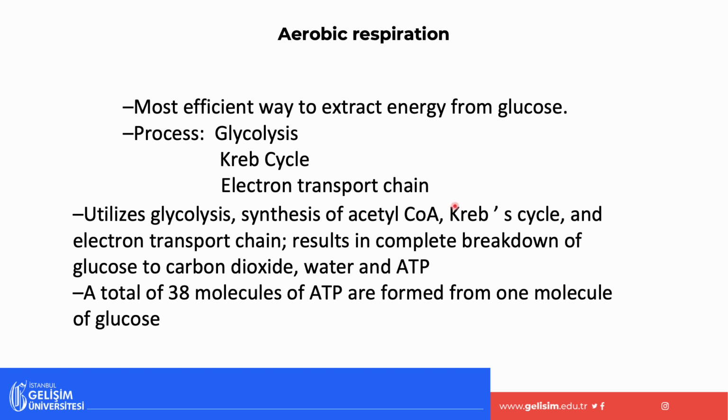So both NADH and FADH2 end up being produced in the Krebs cycle. The electron transport chain involves the transfer of electrons from both NADH and FADH2 to a series of protein complexes, ultimately leading to the production of a large amount of ATP. So overall, cellular respiration is a highly efficient process that allows cells to extract the maximum amount of energy from glucose. It will produce a total of about 38 molecules of ATP from one molecule of glucose.